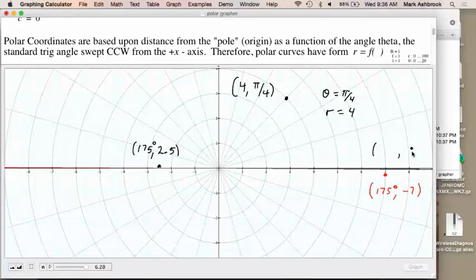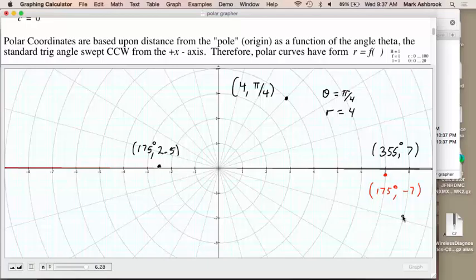What angle could I put a positive r value of 7 and get that exact same point? 355, right? 355 and 7 would be the exact same point in the plane as 175, -7. Does it make sense? All right, so we'll practice more of that. That's just a warm-up, a basic intro, but I want to show you how functions work out then.